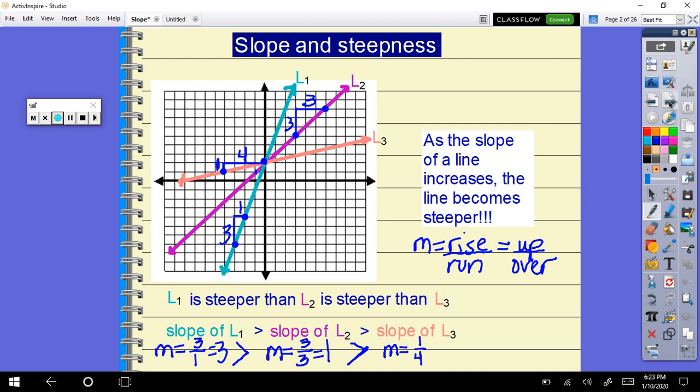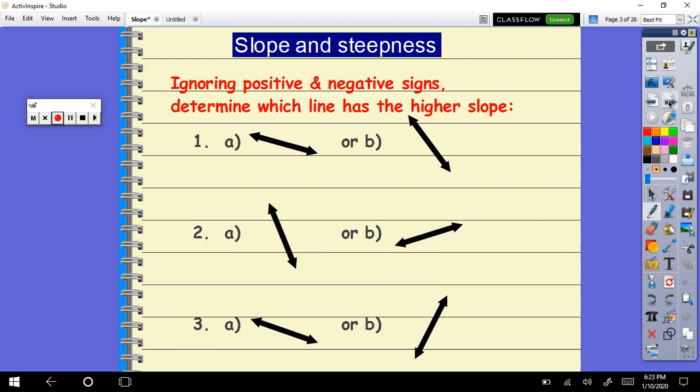Now, I want you to recognize that when I'm comparing two lines, look at number 2 here, okay? I can see that line A is clearly steeper than line B. So I know that line A will have a slope that's higher.